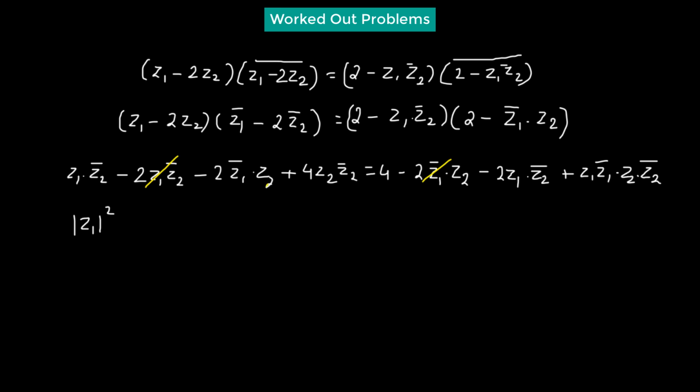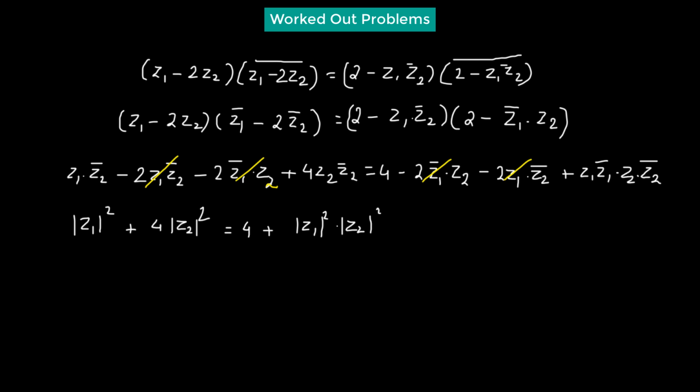Similarly, 2 times z1 conjugate times z2 can be cancelled out from both sides. This leaves us with 4 times z2 times its conjugate, which is simply 4 times the absolute value of z2 squared, equal to 4 plus the absolute value of z1 squared times the absolute value of z2 squared.